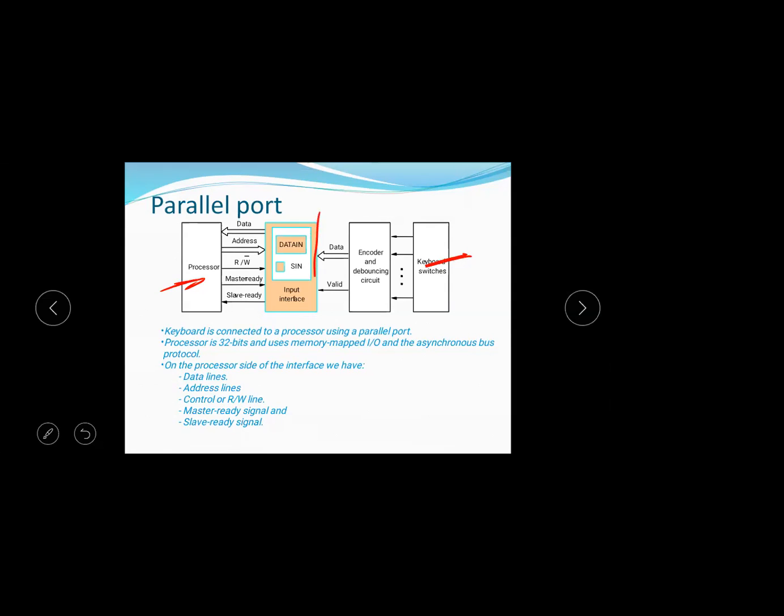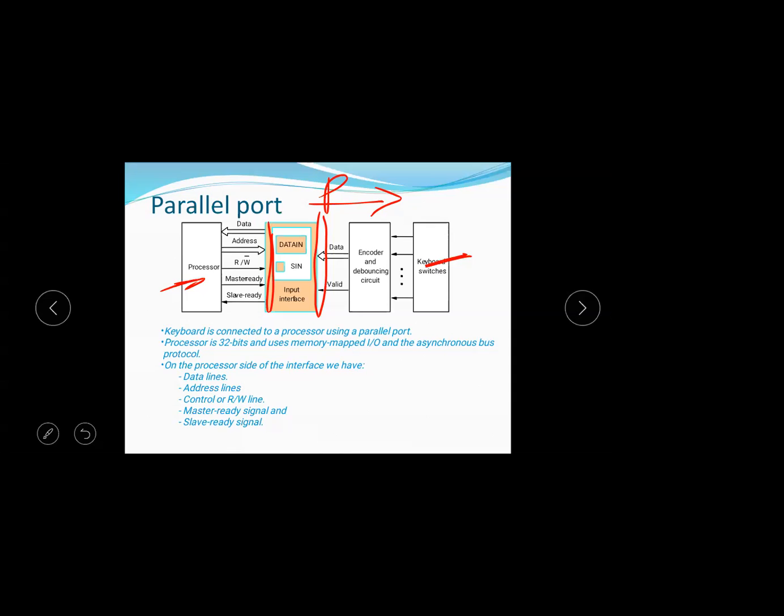This side is known as the port, parallel port. The left hand side is connected to the bus lines; the interface is connected to the processor from the left side through the bus lines. The right side is connected to the device and is known as the port. Depending on the number of lines in the port, it is a parallel port or serial port.